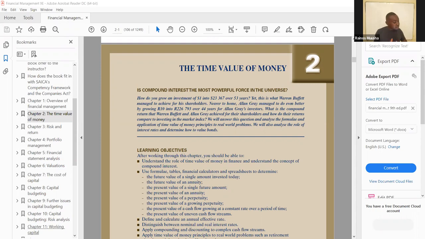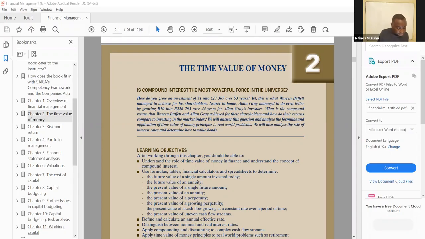Which means that at honors level, we need to make sure that you are understanding the foundation, because you are not going to be able to understand chapter 9 going onwards if you don't have a good foundation of things that you assume to be having known when you're doing your undergrad. So you need to be having a good background. Which means that for you to make sure that you fully understand these concepts, that's why we are going back to these chapters again.